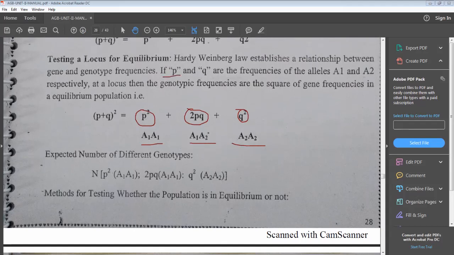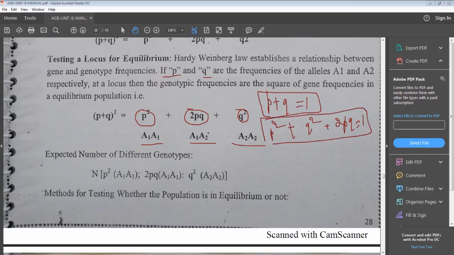We have two genes, P and Q. If for a particular trait we have 3 or 4 genes, then we would say P, Q, R, S, T, n number of genes. But if they are in equilibrium, then they show this kind of relationship, where P plus Q is equal to 1, and P square plus Q square plus 2PQ is also equal to 1.